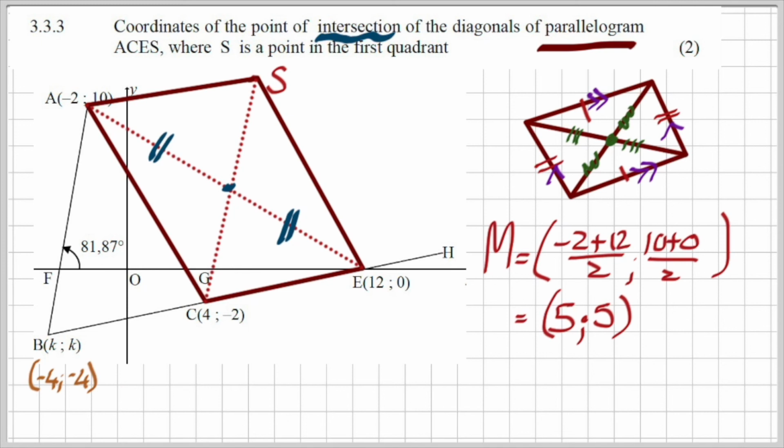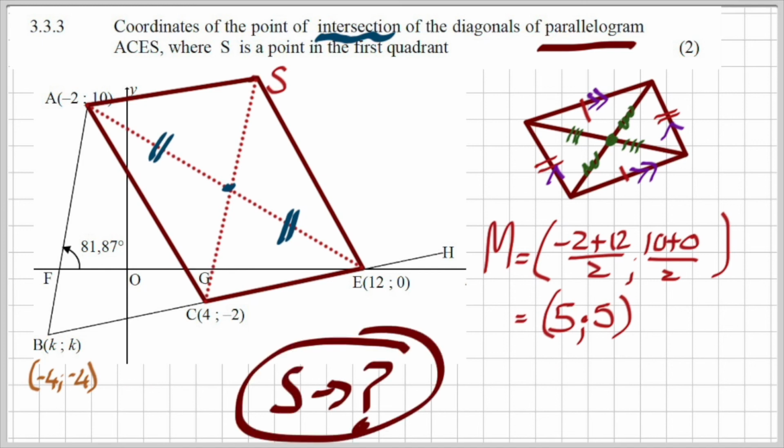I'm just going to look at movement. I'm going to look at the movement from C to E and replicate that to get from A to S. So let's look at the movement from C to E.